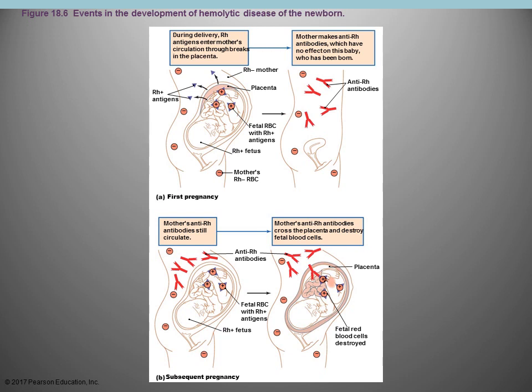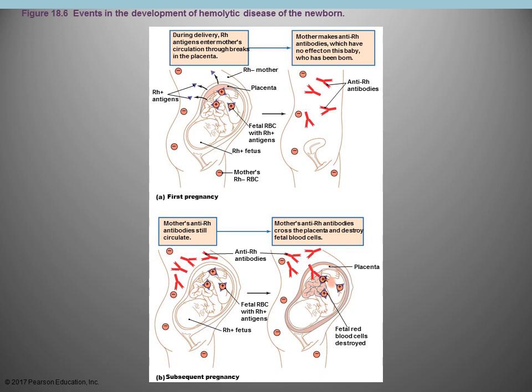And if in a subsequent pregnancy, the developing fetus is RH positive, then the antibody binds with the antigen and you start the whole process again of stimulating the complement, and destruction can occur. So what they will do is they will be testing the mother's blood as soon as they know she's pregnant.